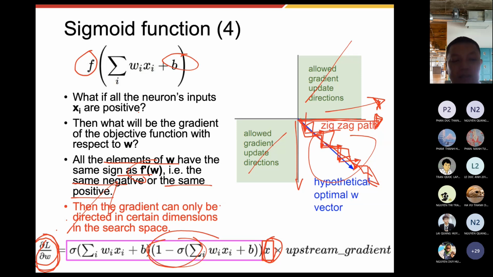If x is negative, then this one is negative, right? Now assume that you have x always positive. Then this is always positive also, so it's always going this way. It cannot go smaller this way.